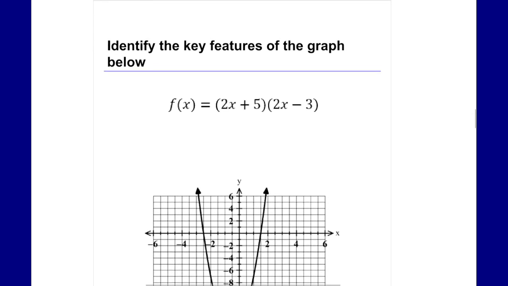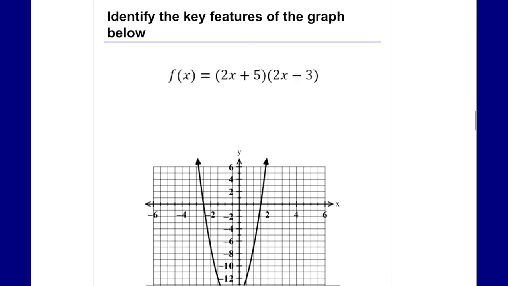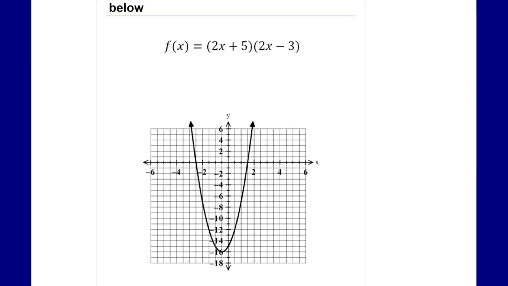So now we have a function. We want to identify the key features of our graph, basically just to get an idea of what it looks like or where these values are. Similar to what we found, we have our x-intercepts here and here. It looks like the x-intercepts are going to be (-2.5, 0) and on the other end, (1.5, 0).